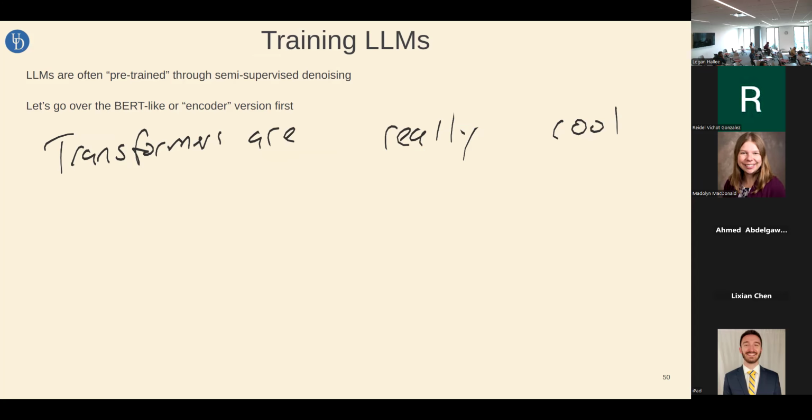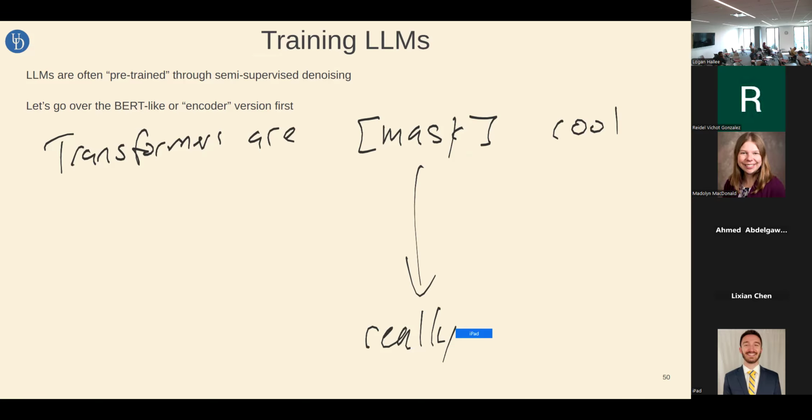What we can do is take some percentage of it away, and we'll add a new token called a mask token. This mask has its own position in the token embedding matrix, so it gets its own vector, and it basically represents "fill in what goes here." And then we're going to train our model to predict the words in our masks. In this case, we wanted "really."